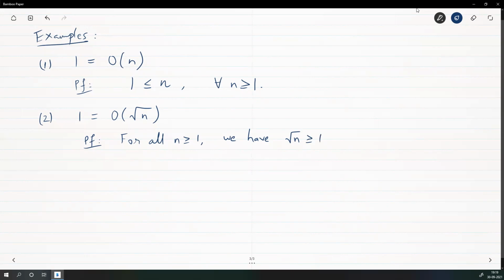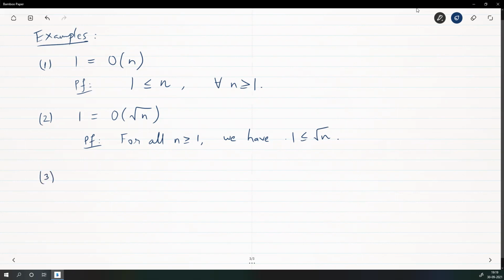Note that when you write square root, you are by default meaning the positive square root. There are two square roots, but the negative square root we will specify using minus notation. So square root n is greater than or equal to 1, or in other words, 1 is less than or equal to square root n, and therefore 1 is big O of square root n.